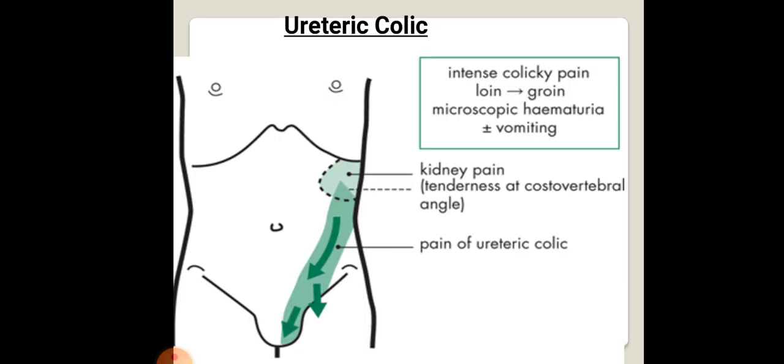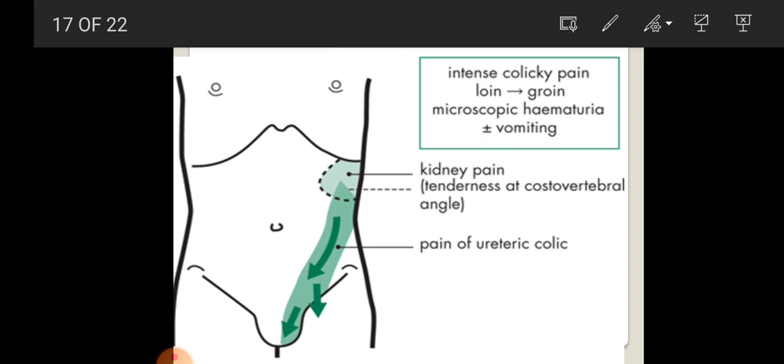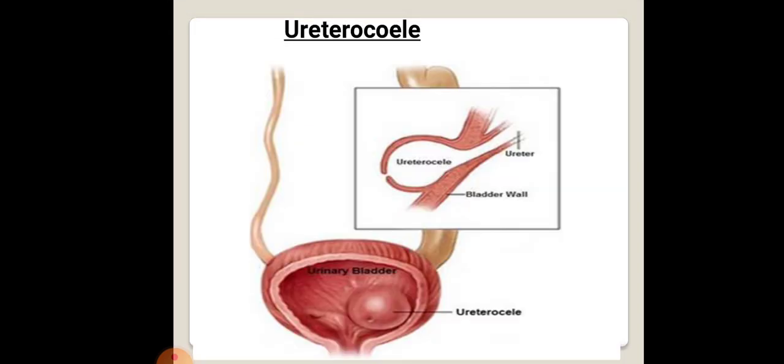Next is ureteric colic. Ureteric colic means pain. It is an intense colicky pain in the loin or in the groin. So there is kidney pain, which is tenderness at the costovertebral angle, and this is the pain of ureteric colic because of the lodgement of any calculi in the ureter. Next is the ureterocele.